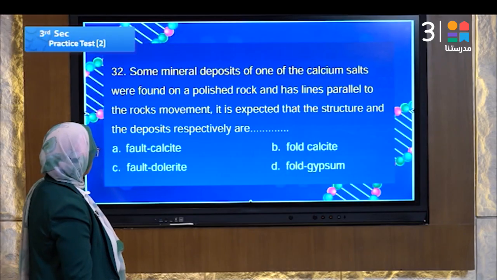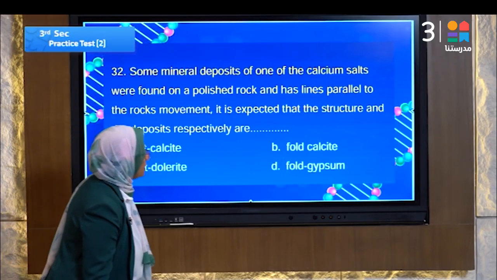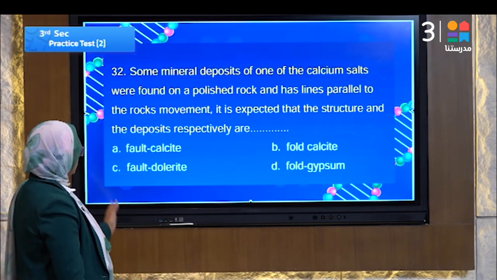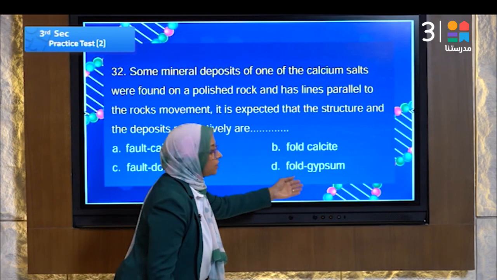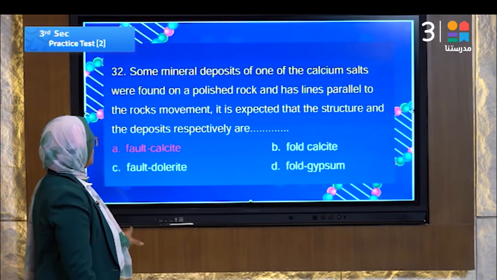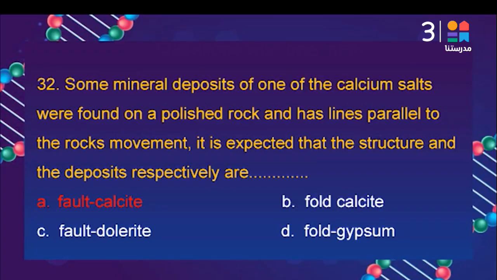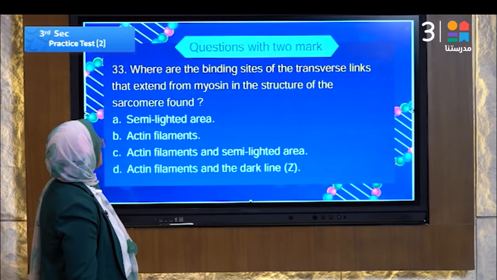Let's go. A, fold calcite. B, fault calcite. C, fold diorite. D, fold gypsum. Let's go to the answer. It is fold calcite.